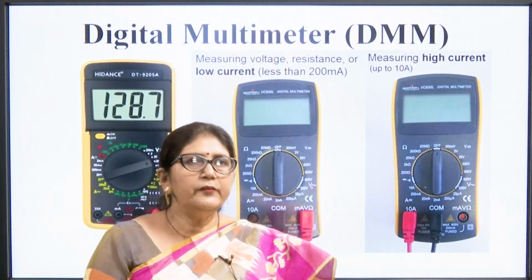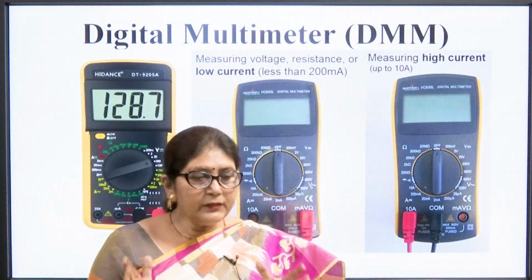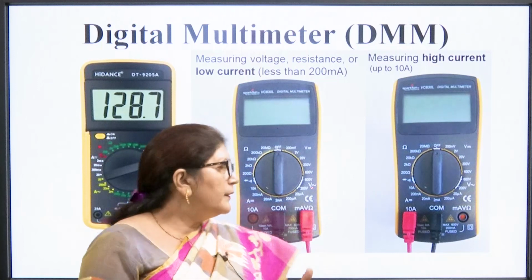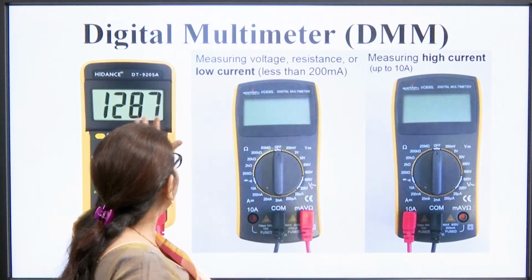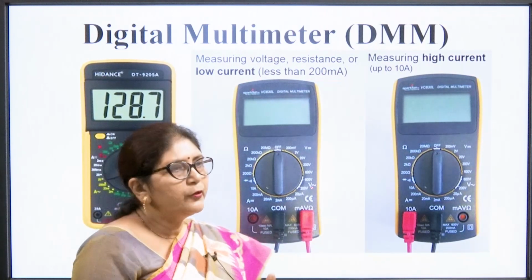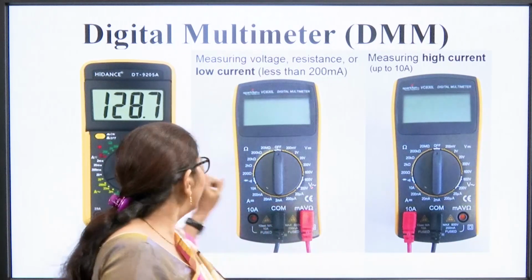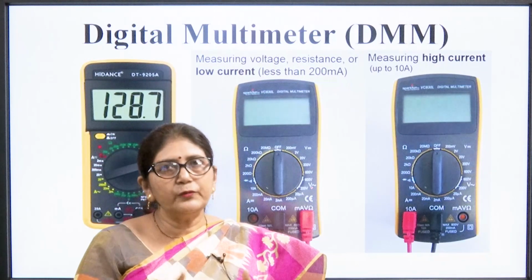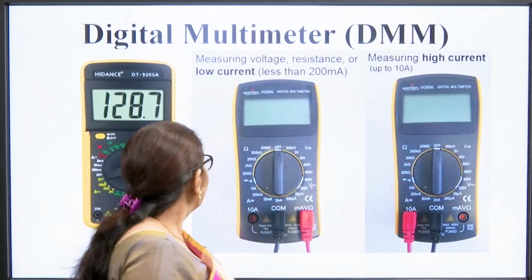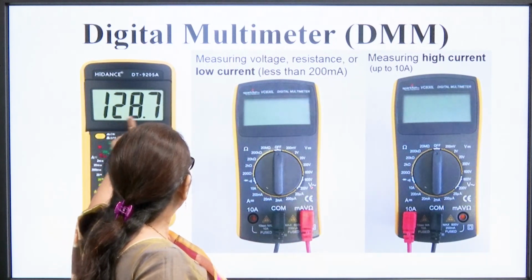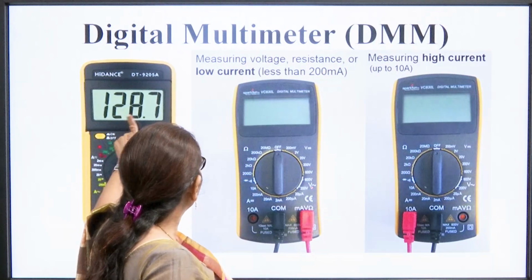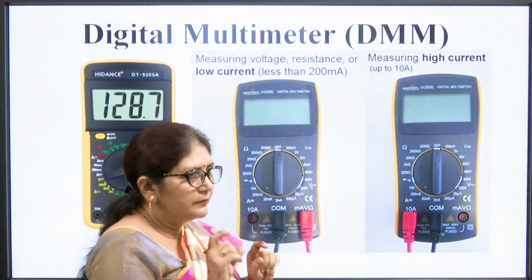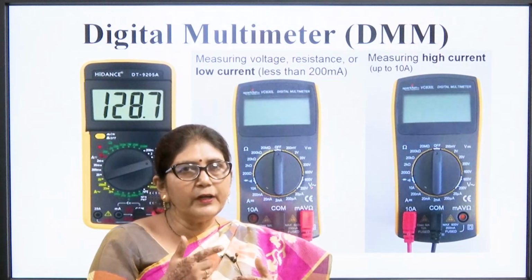Generally in a digital multimeter, these 3 digits vary from 0 to 9, but the 4th digit, that is 1, will have only 2 values, 0 and 1. So we can vary these 3 digits from 0 to 9, but this digit changes only between 0 and 1.